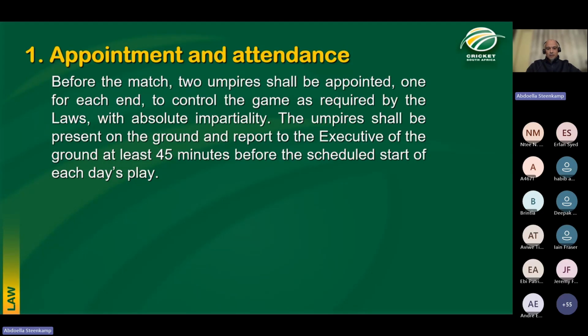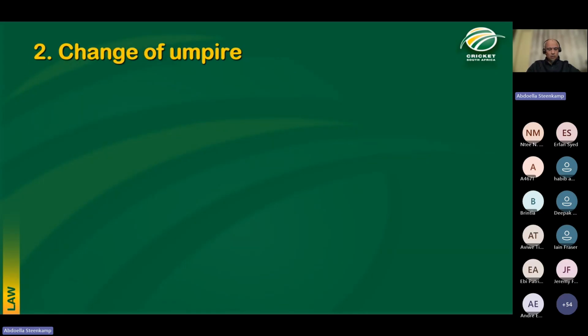Umpires need to be at the ground according to the law at least 45 minutes before play is about to start. So if play is starting at 10 o'clock, umpires need to be there by 9:15. There are lots of duties that the umpires need to perform, hence the reason for them to be there at least 45 minutes before play is about to start.